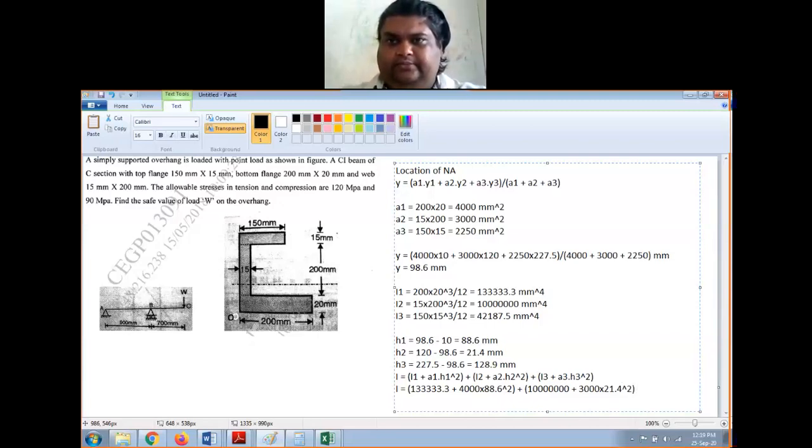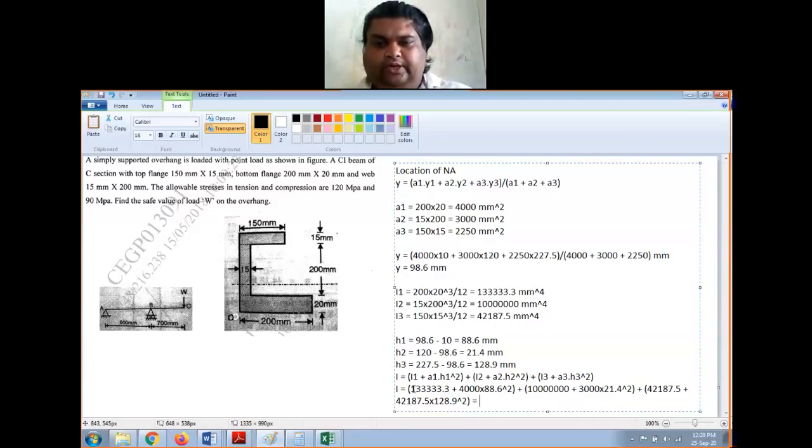That is the second term. Plus the third term is I3 is this, plus A3 is this into H3 is 128.9 square. It's a huge equation.